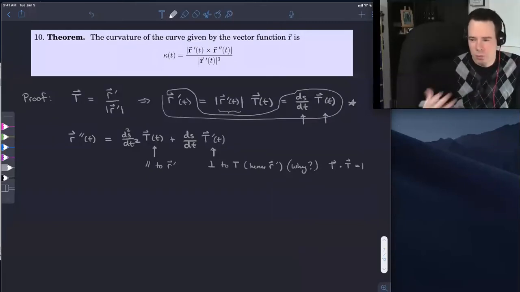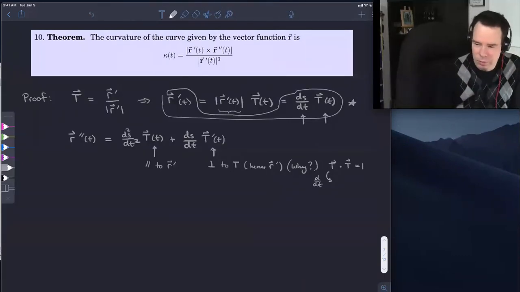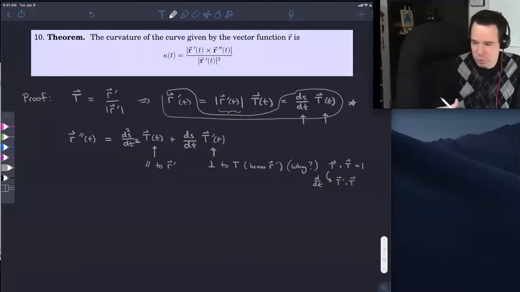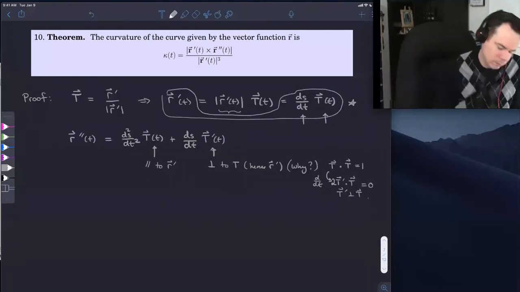And so if I differentiate this formula, if I take its derivative with respect to t, so these capital T's are functions of little t, I get the derivative of the first dotted with the second, plus the first, which is t, dot the second, which is t prime. But t and t prime, you can dot them in either order. So this actually turns out to be just twice t prime dot t, and that's equal to 0. So that tells us that t prime is perpendicular to t.